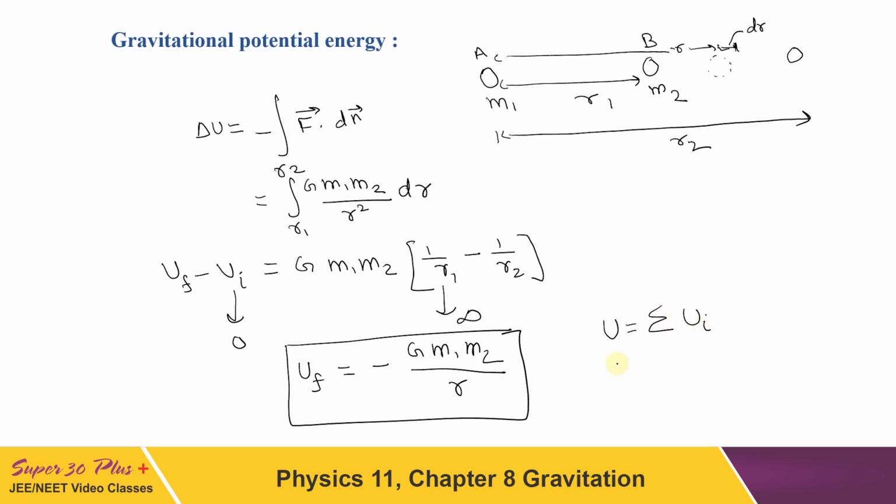If there are n particles, then the number of pairs is n multiplied by n minus 1 by 2. In that case, U total will be U12 plus U13 plus U23 plus U31, and so on. In this manner, we can add the potential energies for every single pair.